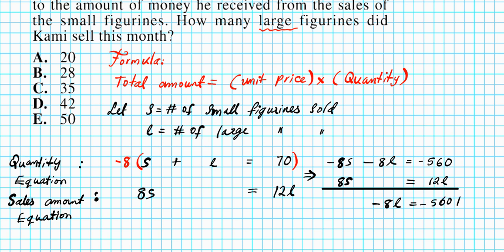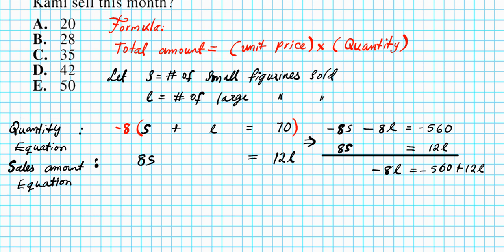Okay, so remember the goal is to get L isolated. To accomplish that, we'll subtract 12L from both sides. And then we have negative 20L. Let me draw my line so that you don't get confused. Combine it downwards again. Negative 20L is equal to negative 560.